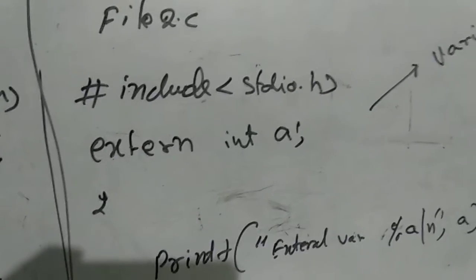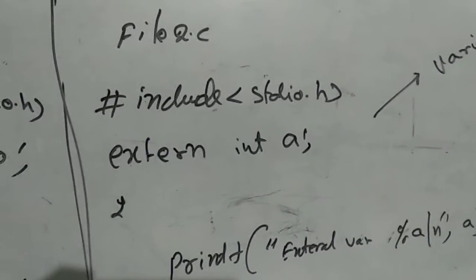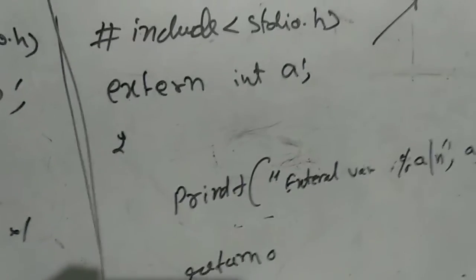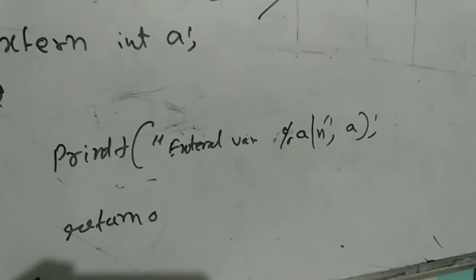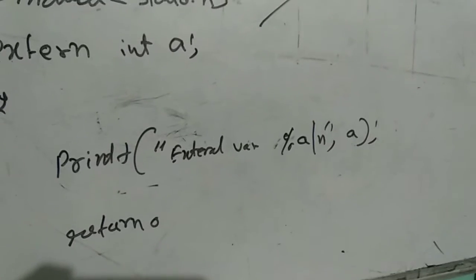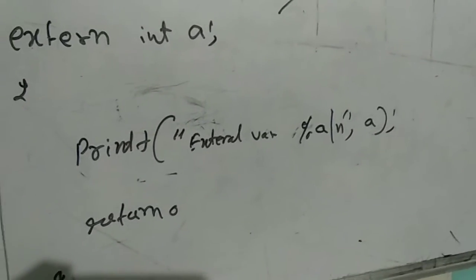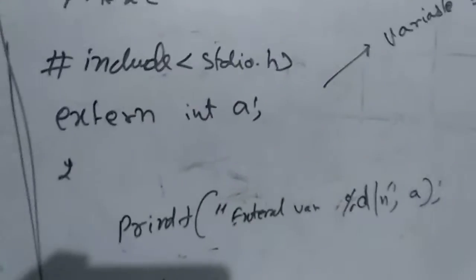In file2.c I include stdio.h, declare extern int a, and inside main print printf("external %d", a) and return 0. Here I am using the extern keyword with int a to access the variable already defined in file1.c.